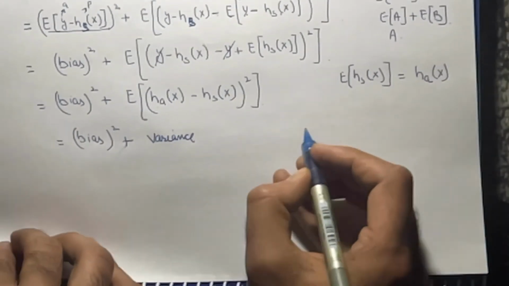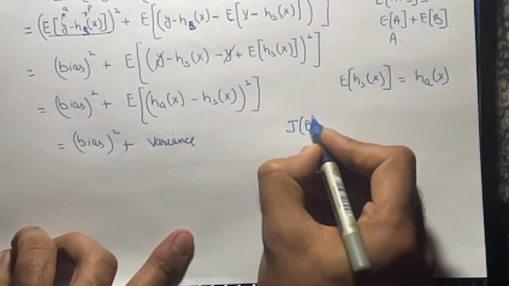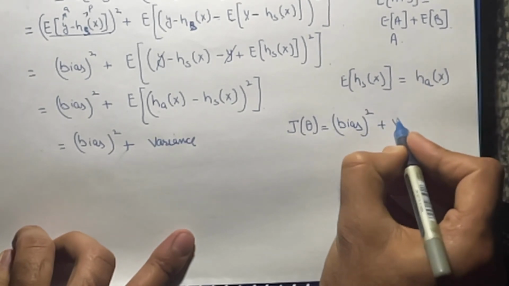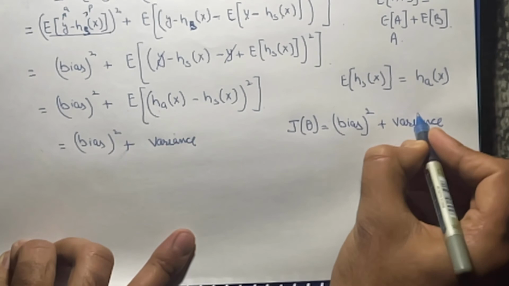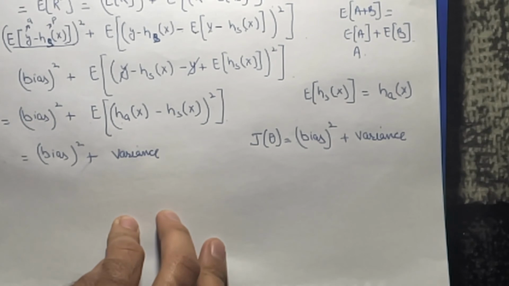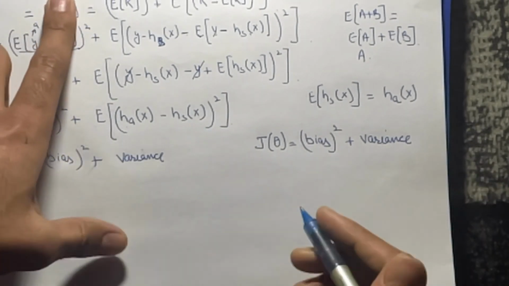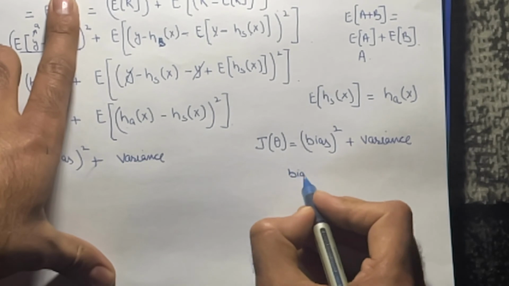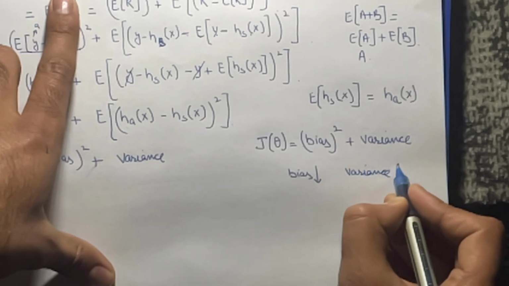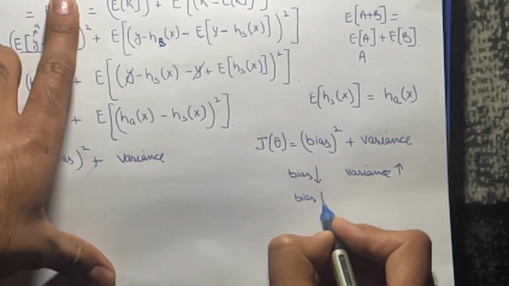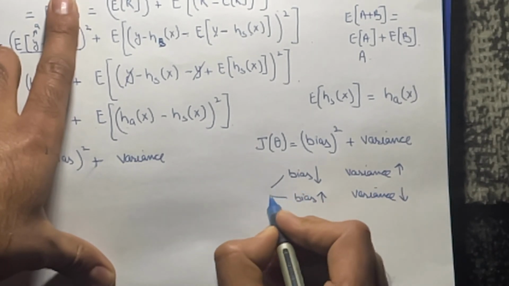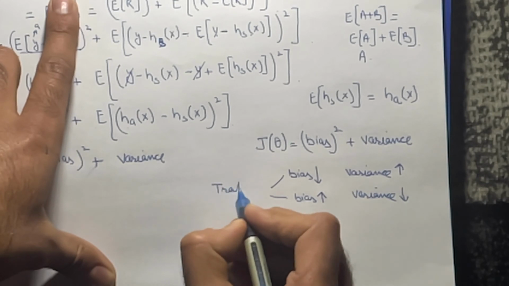So you can see that our error is equal to bias square plus variance. So we have to decrease the bias and we have to decrease the variance as well. But from the equation also you can see, if we are decreasing bias, variance may increase. And if we are increasing bias, variance will decrease. So there is a trade-off. So this is also called a bias variance trade-off.